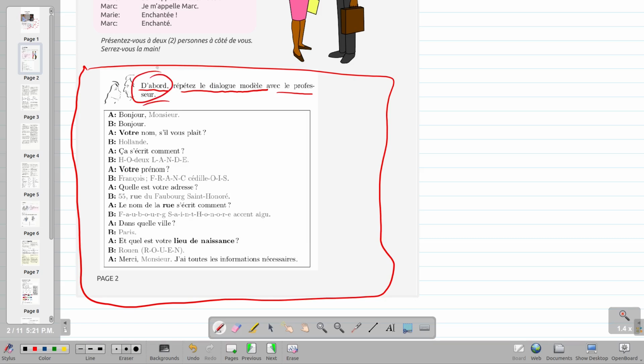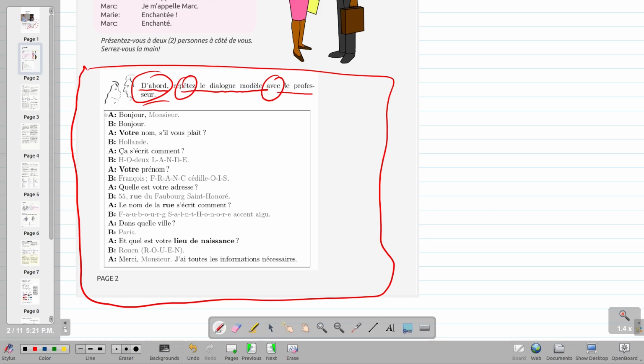D'abord, first of all, répétez, you already know that. Repeat the example dialogue, model dialogue avec le professeur, with the teacher. So first of all, repeat the dialogue with the teacher.